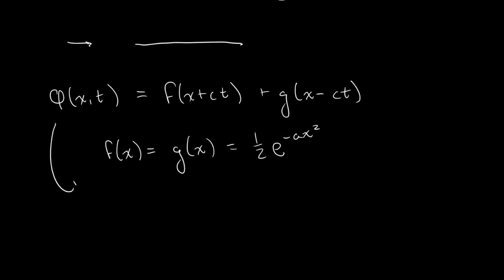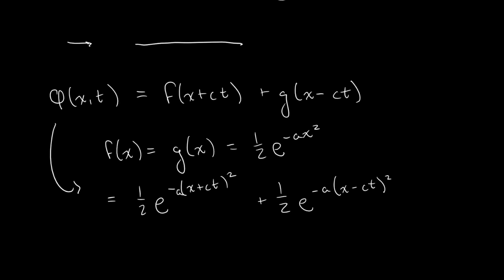So the solution is 1/2 e to the minus a (x plus ct) squared plus 1/2 e to the minus a (x minus ct) squared.